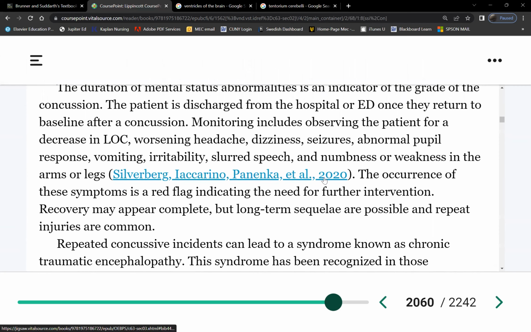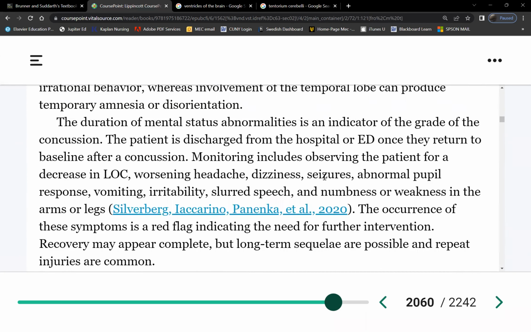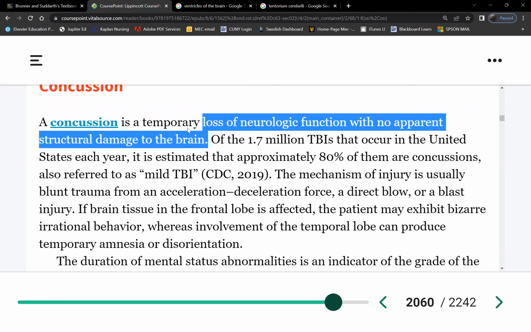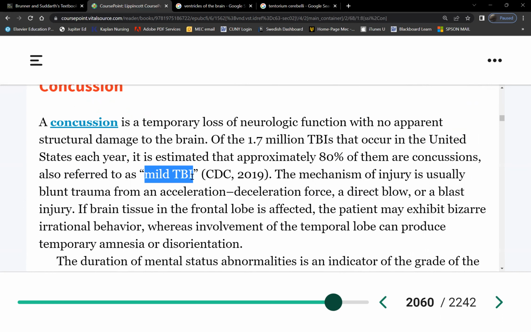Now, it's important to know the expected versus unexpected. If it's expected, is it reportable? No, because the doctor diagnosed the patient with mild traumatic brain injury, which is a concussion.